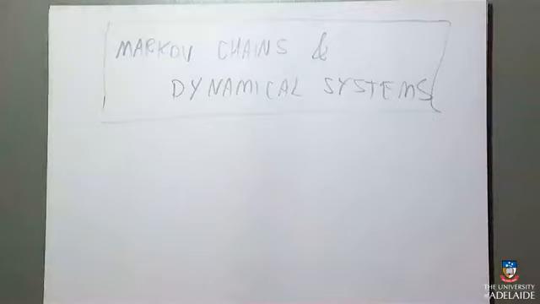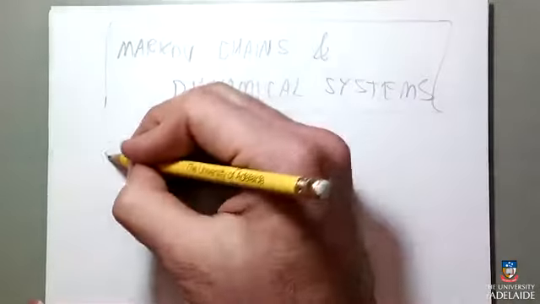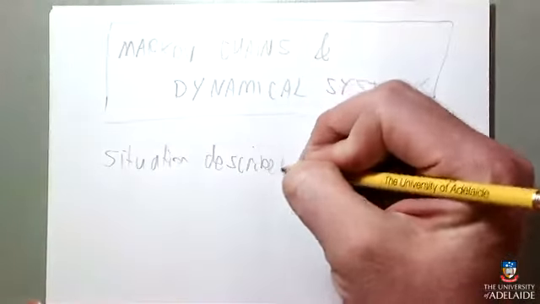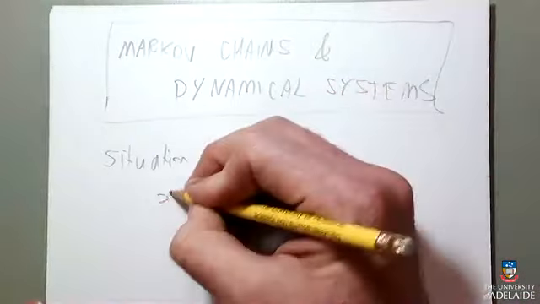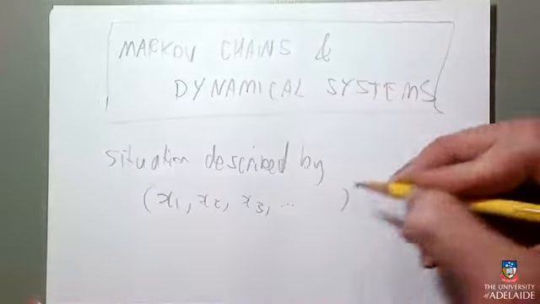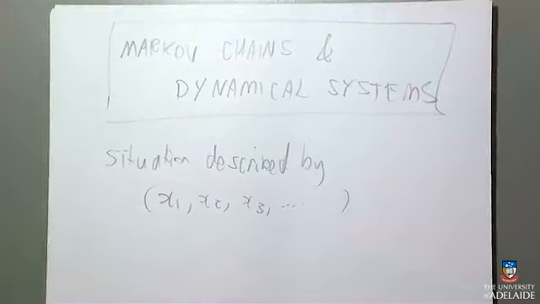So the idea is that you're going to have some sort of situation which is described by various numbers, by some numbers, x1, x2. Alright? And when you describe situations by numbers, you chuck them in a vector like that. Okay? And that's what you did when you did optimization as well. You had some situation which was described by some numbers, and usually those numbers were the amounts of various things.